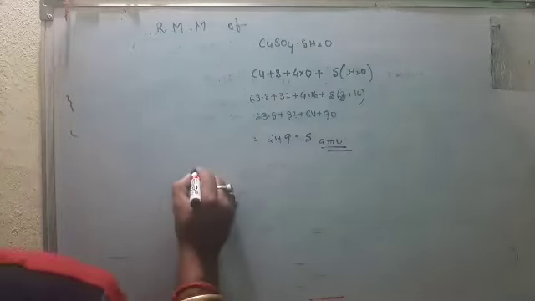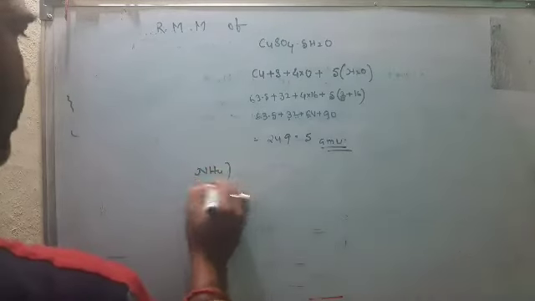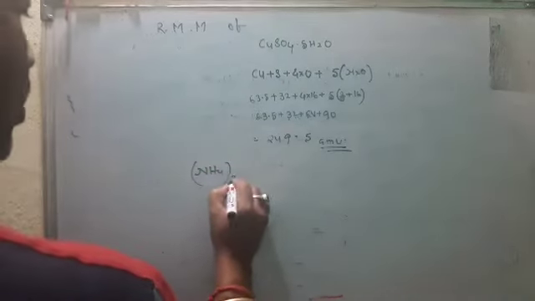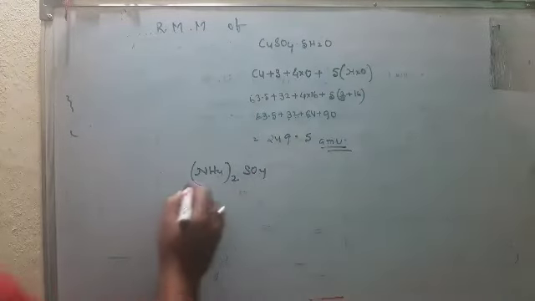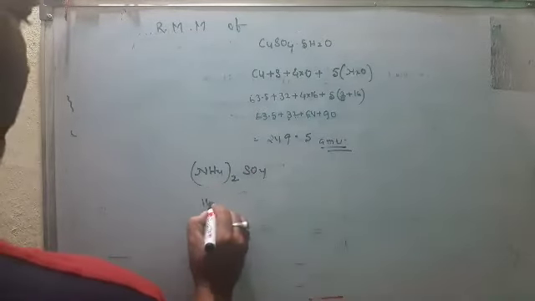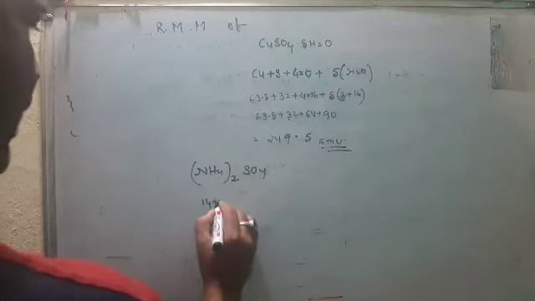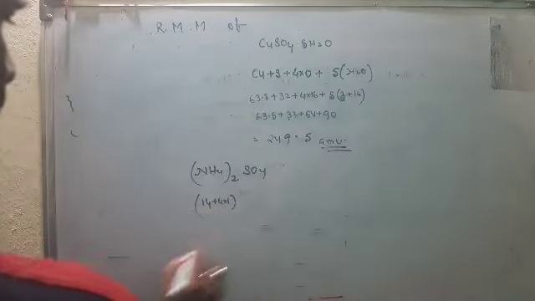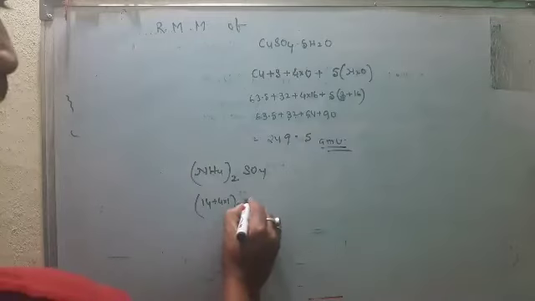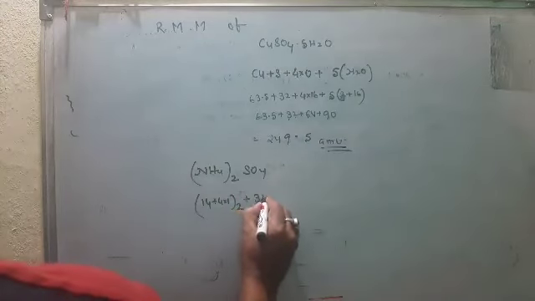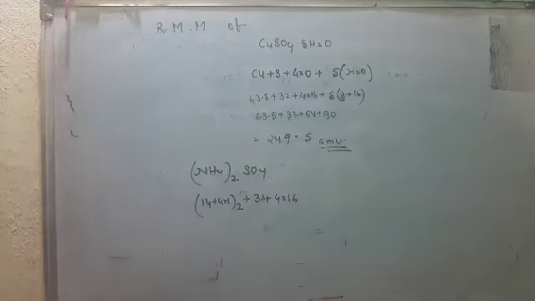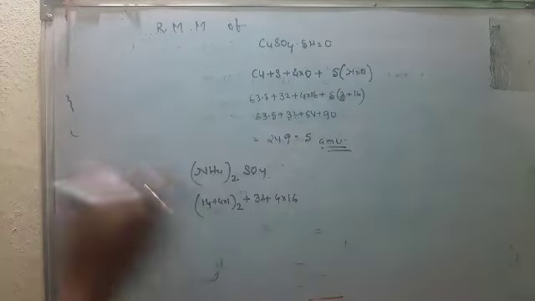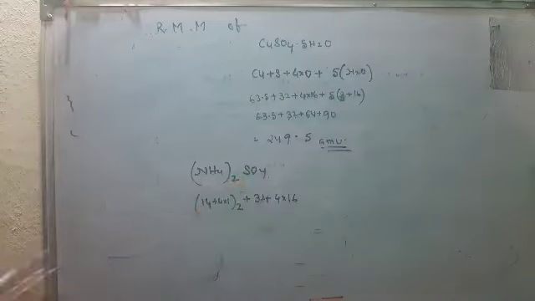Take one more example. Suppose (NH4)2SO4. The mass of nitrogen is 14 plus 4 hydrogen, 4 into 1, whole 2, plus sulfur 32 plus oxygen, 4 into 16, since the mass of oxygen is 16. You have to learn all the masses of the important elements.